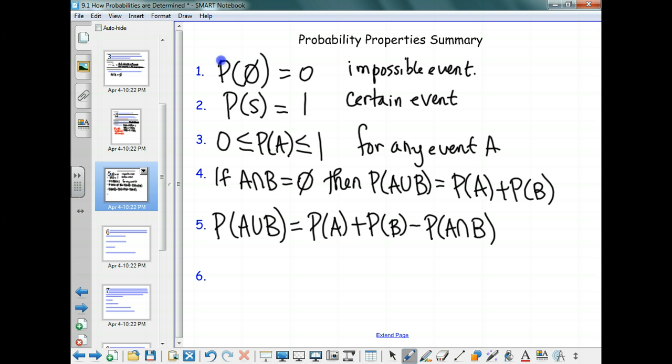And this works for all sets A and B. And notice it actually works when they have nothing in common as well. So let's say I'm talking even versus odd. Sets: even numbers we roll, and things that are odd. They have nothing in common. So what's the likelihood I'm going to roll an even and an odd?